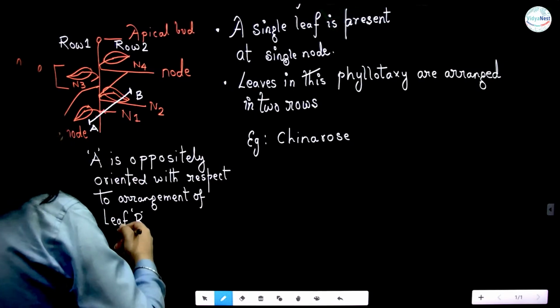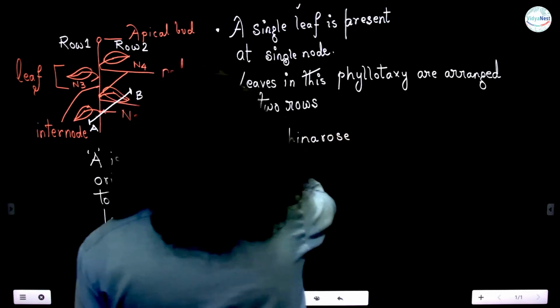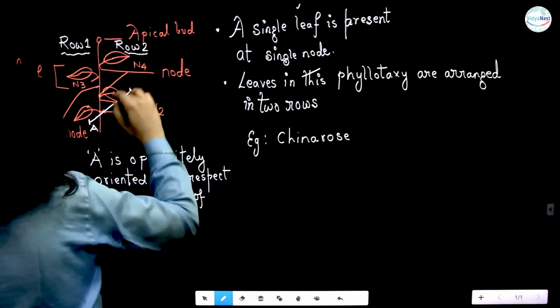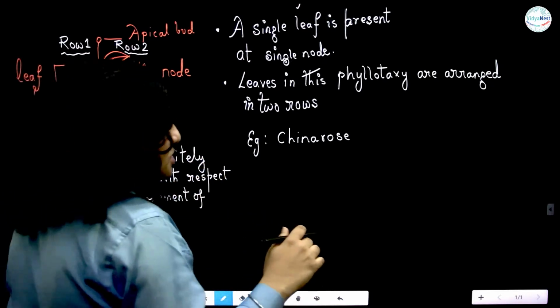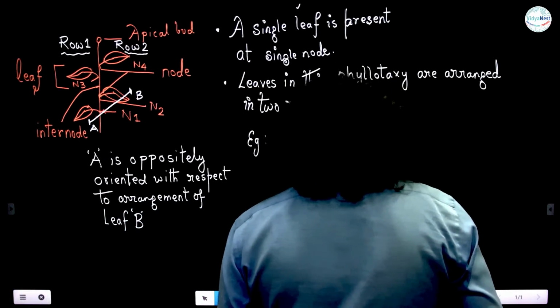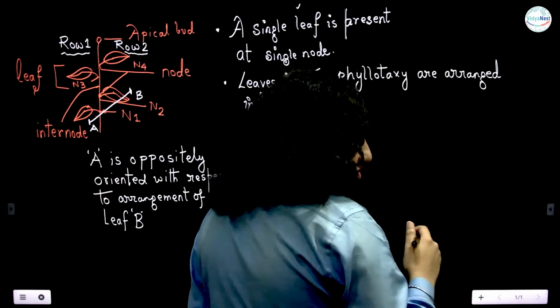Just now I mentioned that they are arranged in two different rows. That means this is row 1 and this is the second row. So when they are arranged in two rows, this type of arrangement has a special name. This is called distichous arrangement.